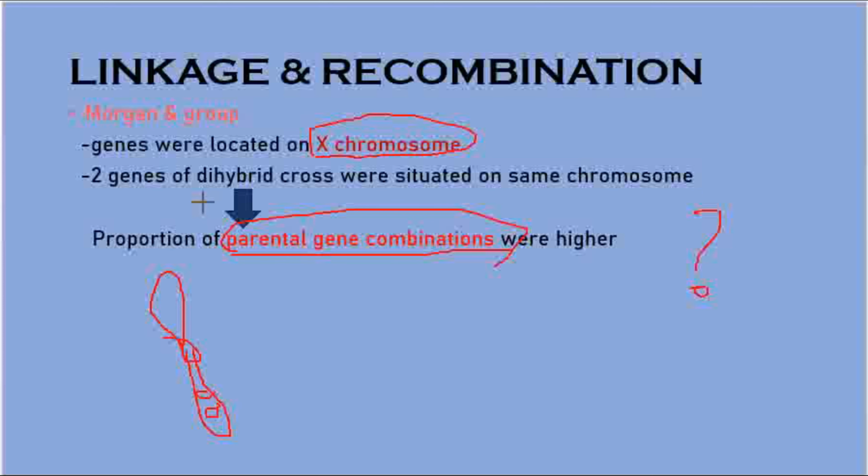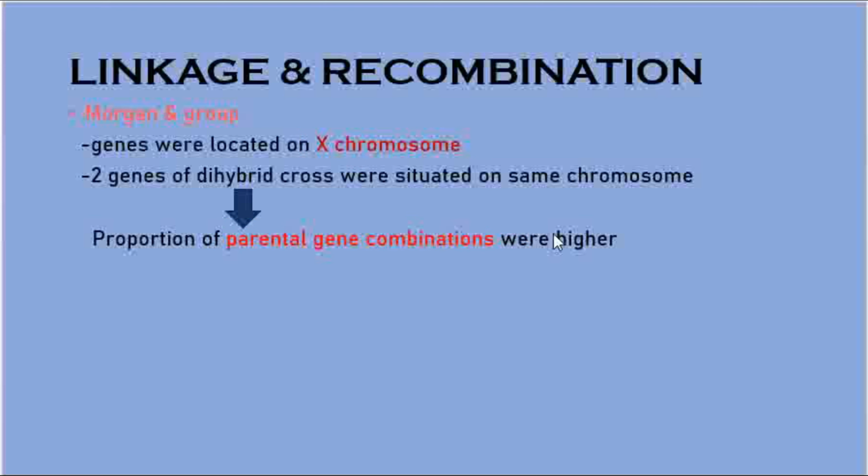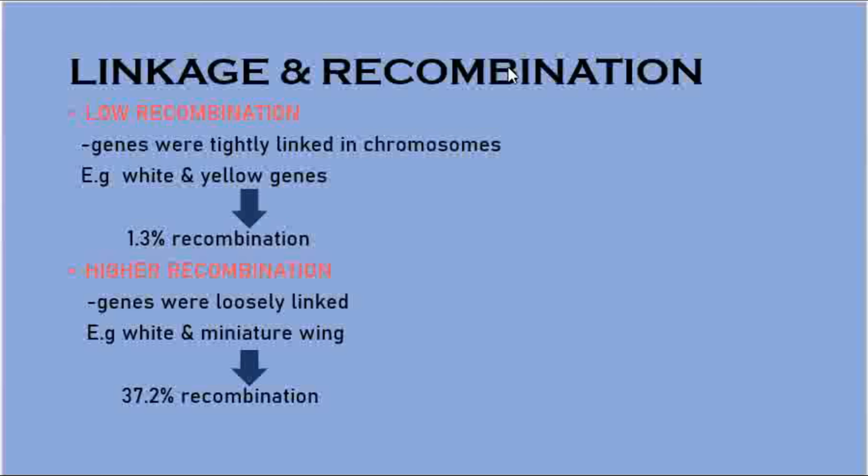Since they are situated in the same chromosome, more of the parental gene combination will be seen in the offspring. We'll discuss that in detail, if you can see it in a picture format.